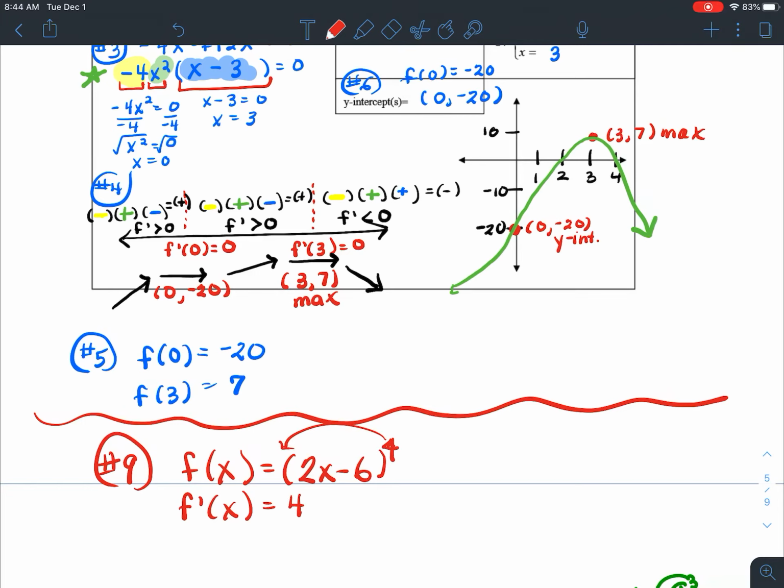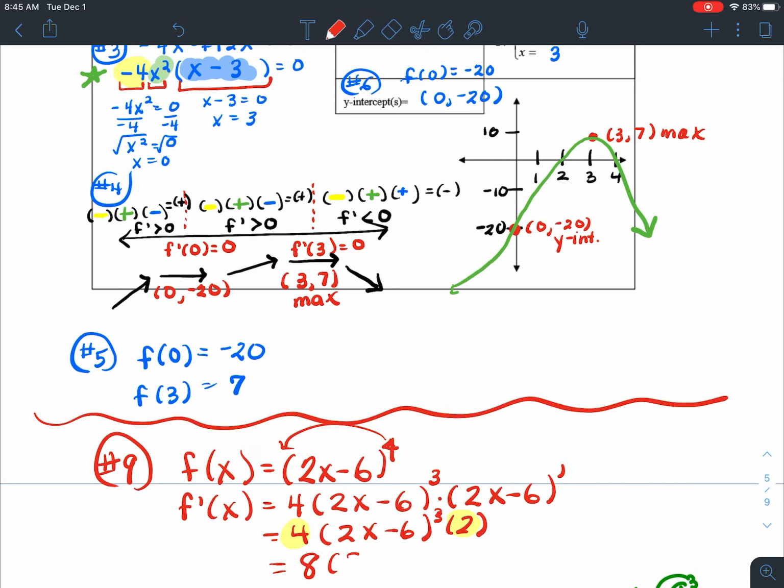So when we do the derivative, the chain rule says pull the exponent in front, leave everything on the inside the same, subtract 1 off of the exponent, and then multiply by the derivative of the inside, which technically would be a 2. Okay, you should combine the 4 and the 2 together and make that an 8.